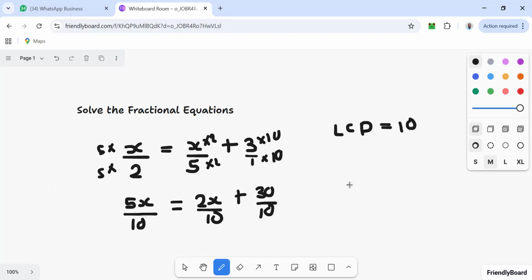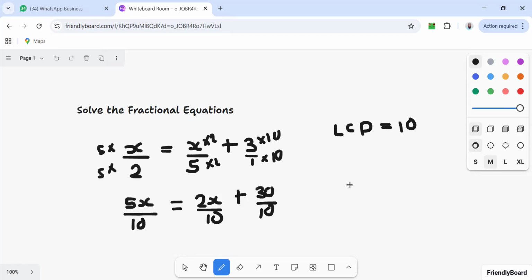All right, so this is now what we have. 5x over 10 is equal to 2x over 10 plus 30 over 10. Then the next thing I will do is to write expressions on both sides as single fractions.